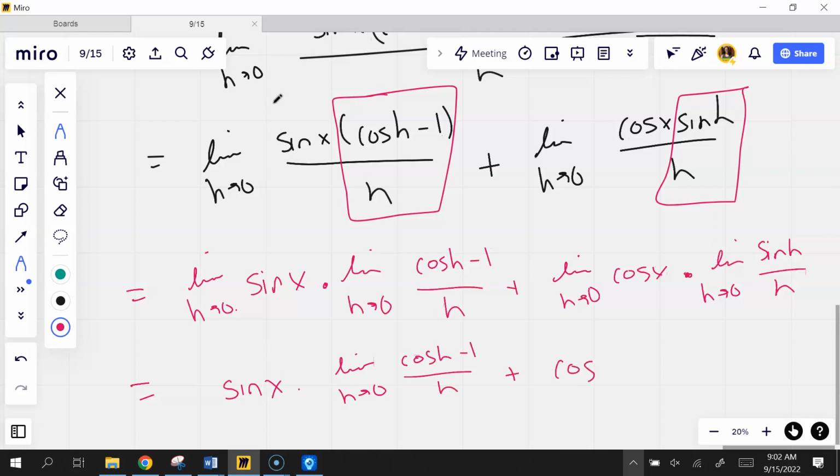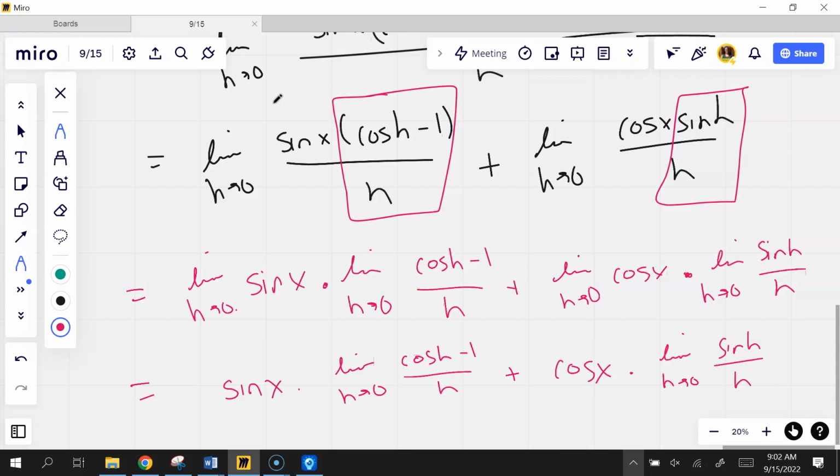And this is just cosine x, because there's no h in that, times the limit as h goes to 0 of sine h over h. This is one we've done before. Do you remember what it is?